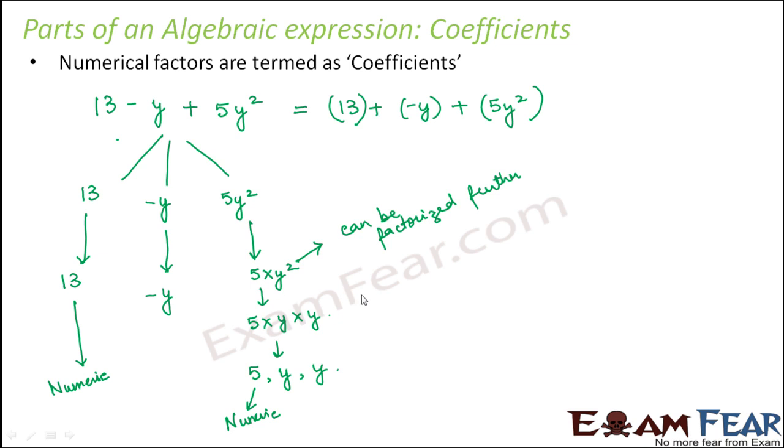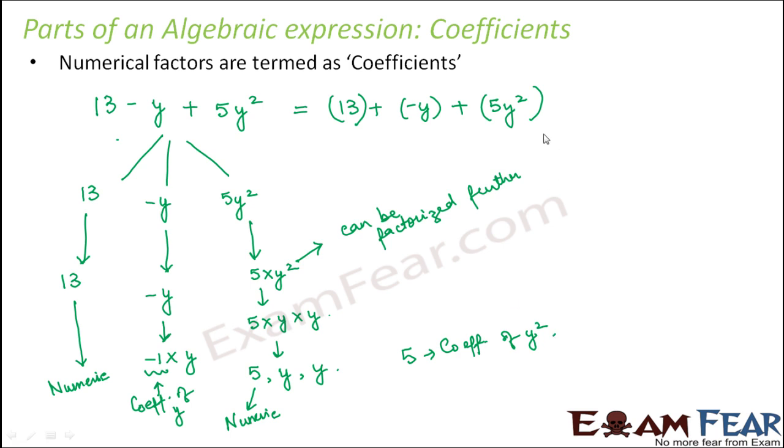If I ask you the coefficient of y, what would it be? This minus y term can be written as minus 1 into y, correct? So this minus 1 is nothing but the coefficient of y. Similarly, 5y square can be written as 5 into y square, so you say that 5 is the coefficient of y square.